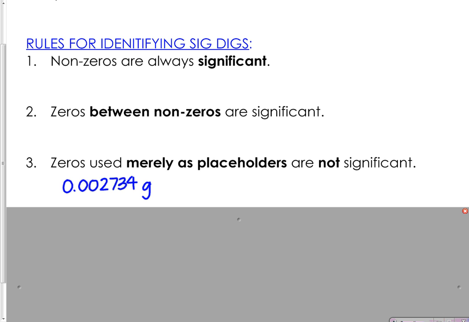The digits that we know to be significant are the ones that are not zeros: the 2, the 7, the 3, and the 4. These zeros out here don't count as significant, because they are just holding the place. They are telling us where the 2, the 7, the 3, and the 4 should live. And so we would say that this number has 4 digits that are significant.